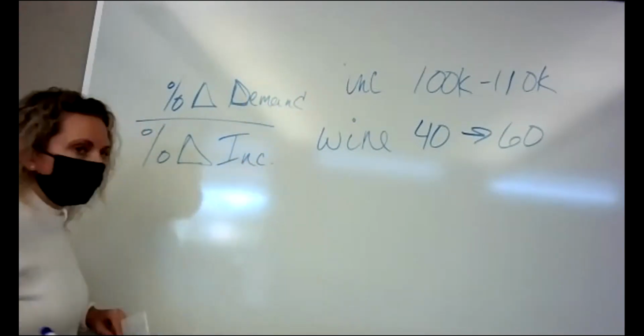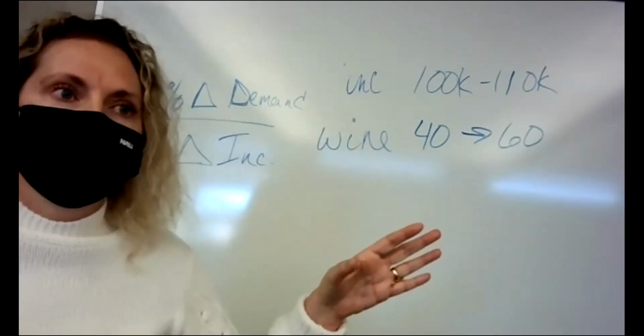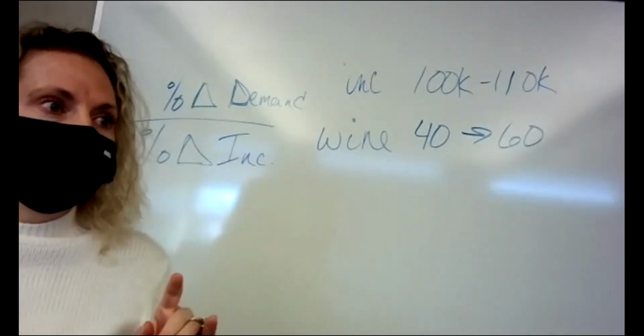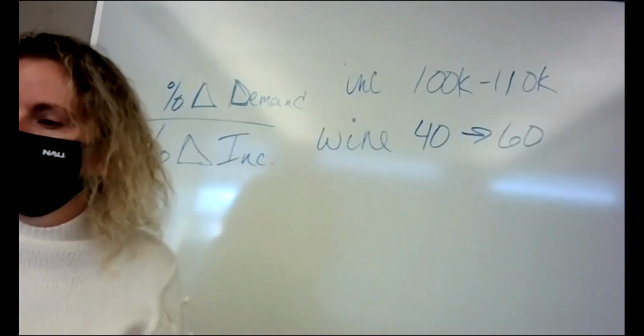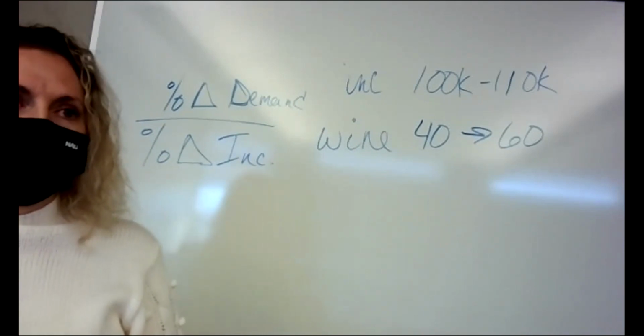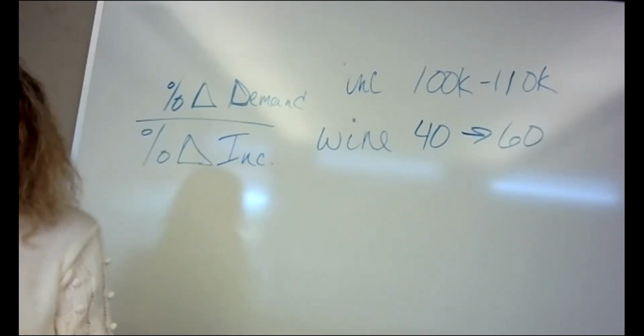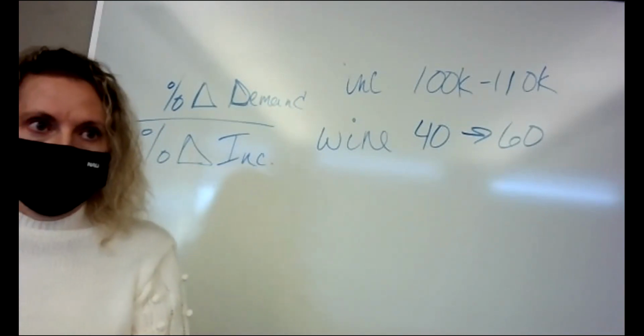Over percentage change in income. Does anybody remember how you calculate just percentage change? Not using the midpoint formula, just percentage change. Any thoughts? I know it's been a minute, right? The amount of the change over the original amount. The amount of the change over the original amount, okay?